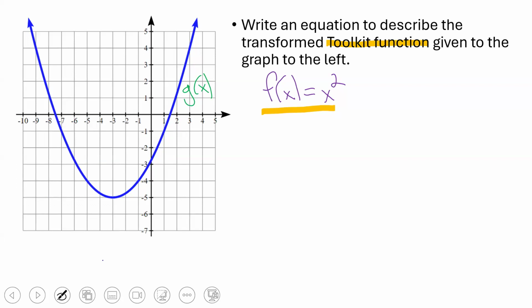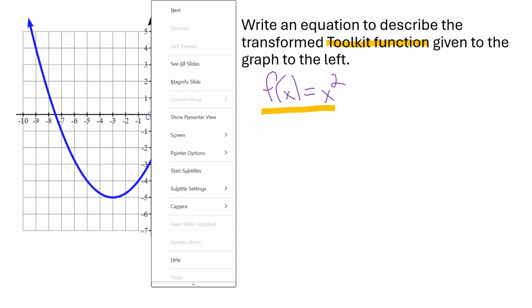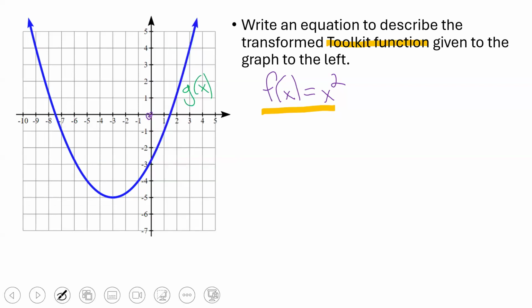To help myself with that, the first thing I'm going to do is sketch what the original function f of x equals x squared would look like. So I know it would go through the origin, go through the points (1, 1), (2, 4), and then be reflected on the left side of the graph, so here and here.